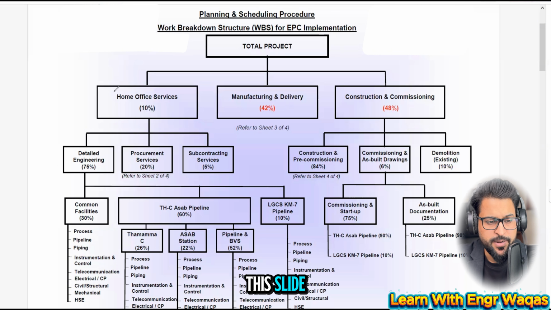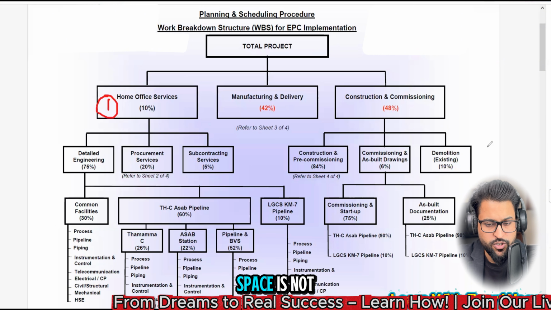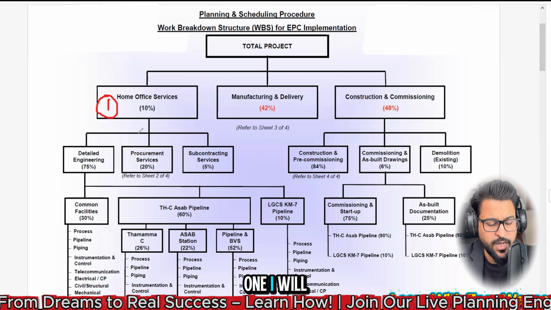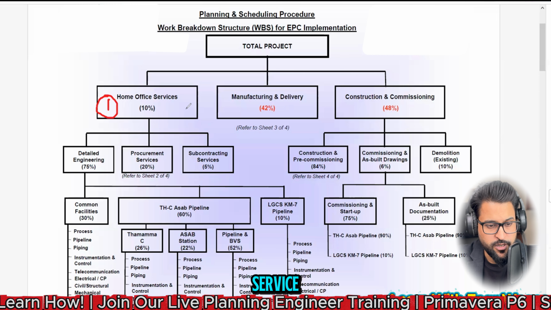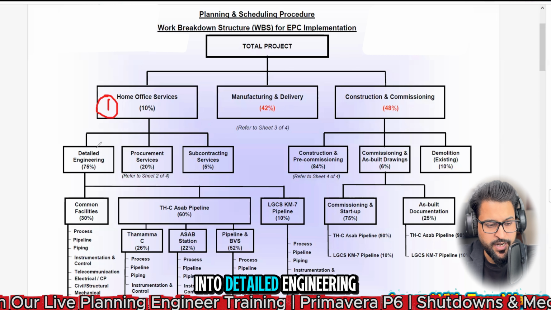In this slide, this specific number one is broken down, because space is limited, so I will explain one by one. This 10% is home office services. You can get into detailed engineering.